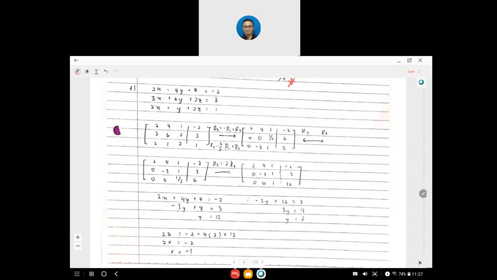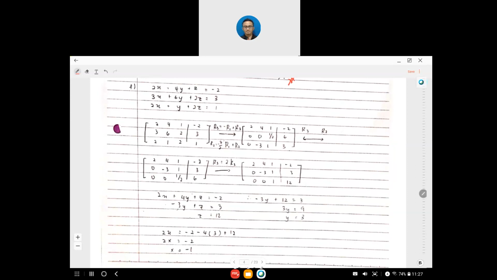Next, question F, also the same thing. Question F: 2, 4, 1, 3, 6, 2, 2, 1, 2. So what is the value here? Also the same thing. After you change, you want to change row 2 and row 3.